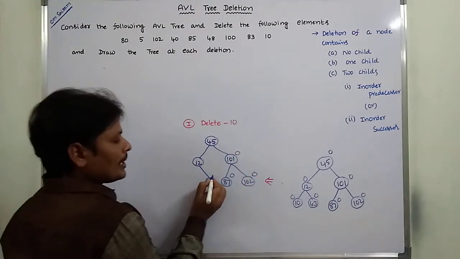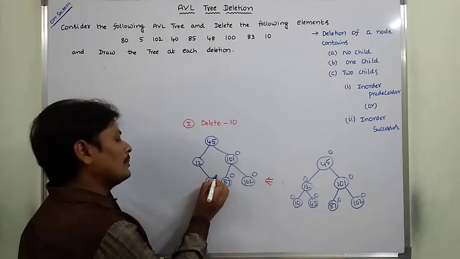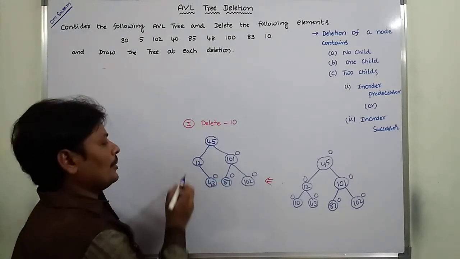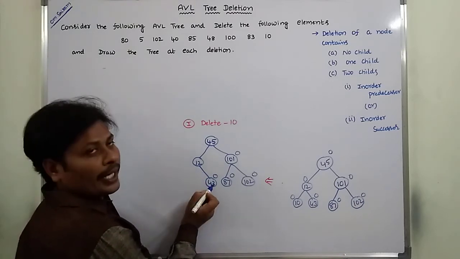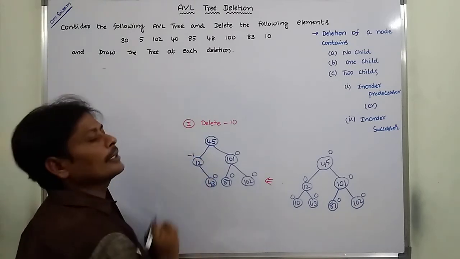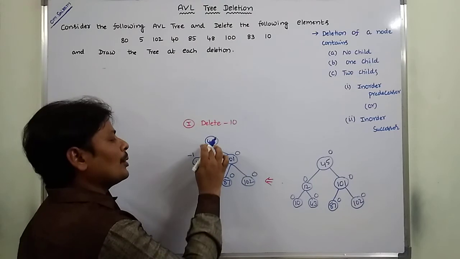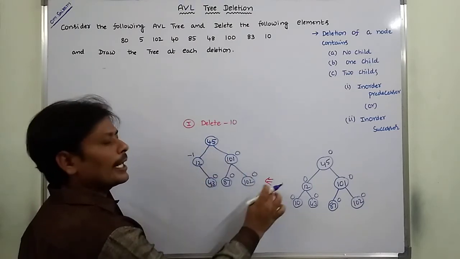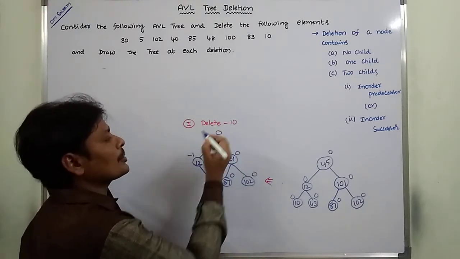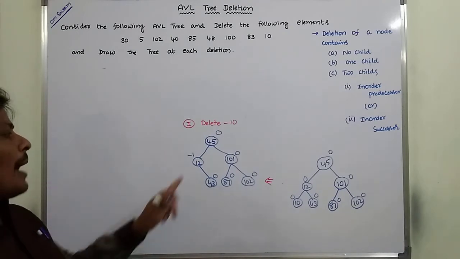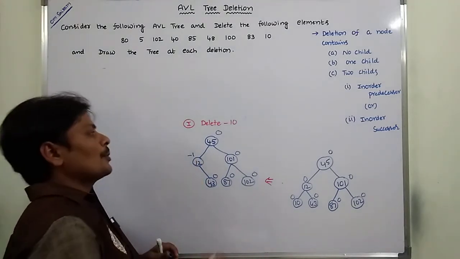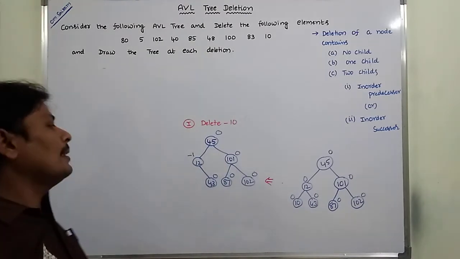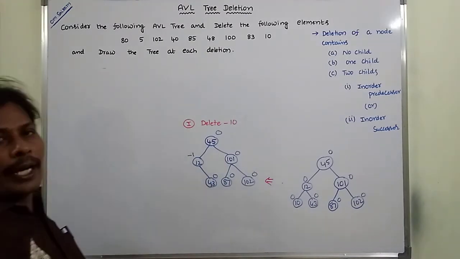On the left, this is a leaf node, so its balance factor is 0. For this one, left subtree height is 0, right subtree height is 1, 0 minus 1 is minus 1. For this node, left subtree height is 2, right subtree height is 2, 2 minus 2 is 0. So the balance factors of all nodes are 0 or minus 1. After deleting 10, this is the tree we are getting.